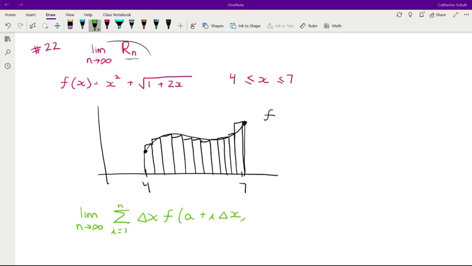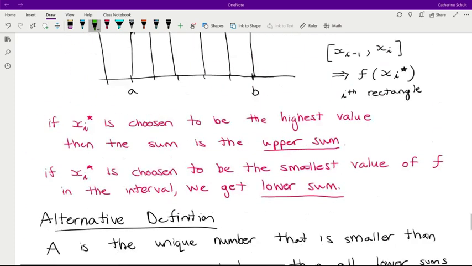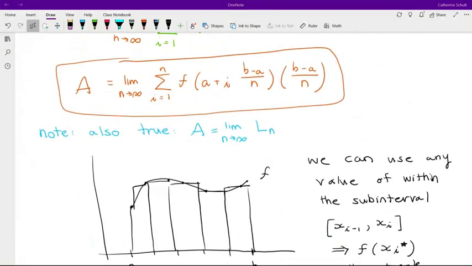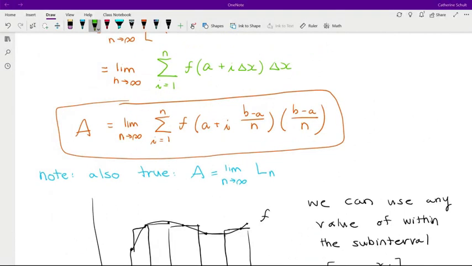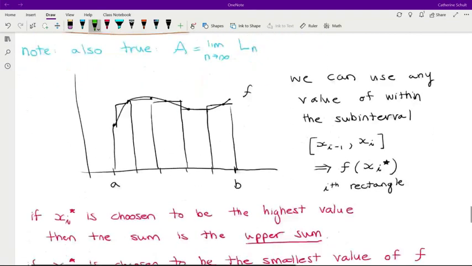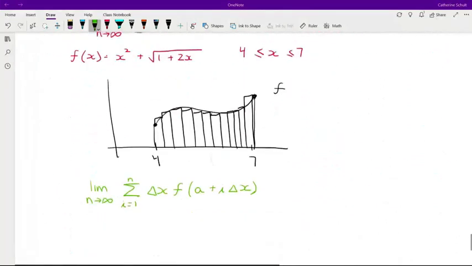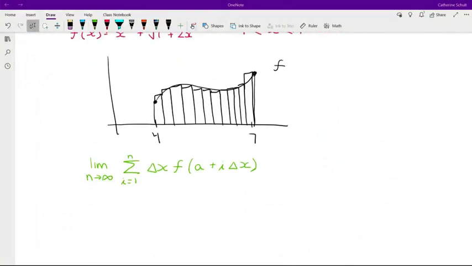Okay, and that's something we established just up above, in this definition. We know the function, we know the starting point, we have to figure out delta x. Delta x is going to be the distance of the interval, so b minus a, divided by n. So it's going to be 3 over n.